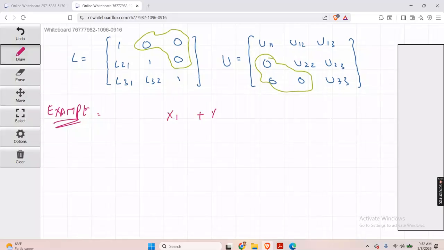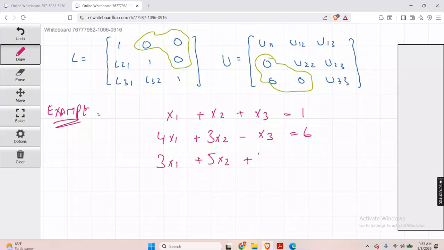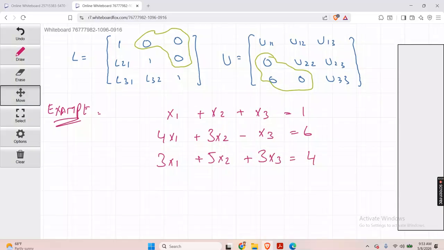For example, we have x1 plus x2 plus x3 is equal to 1. We have 4x1 plus 3x2 minus x3 is 6. We have 3x1 plus 5x2 plus 3x3 is equal to 4.